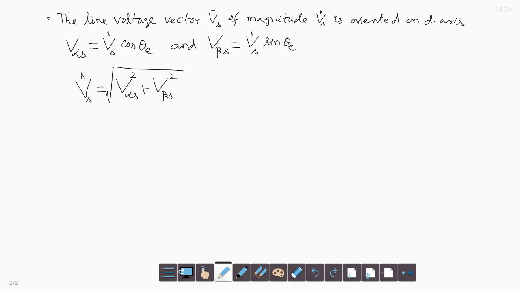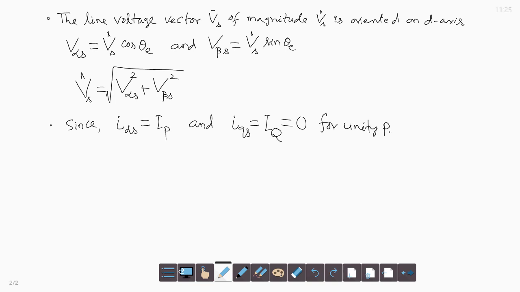and since D axis current IDS equals to IP active component and IQS, which is reactive current IQ, equal to 0 for unity power factor operation, we have I alpha S, that is IP, because IP is now the total current because IQ equals to 0.